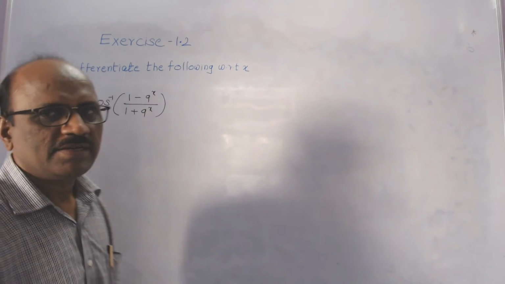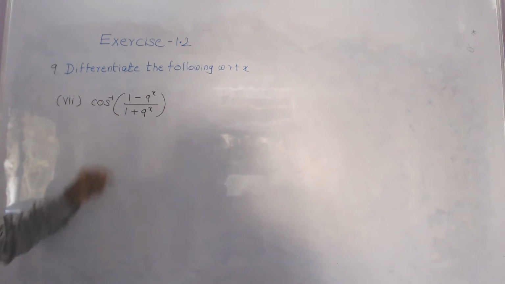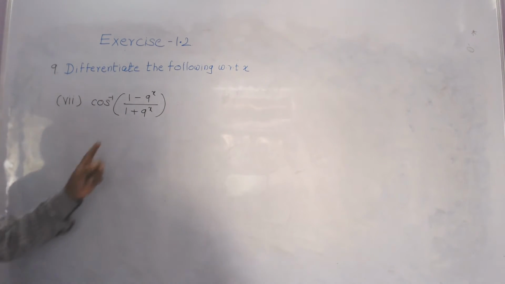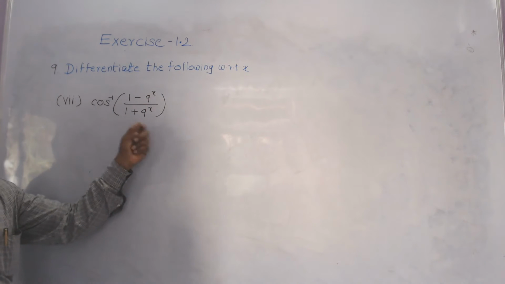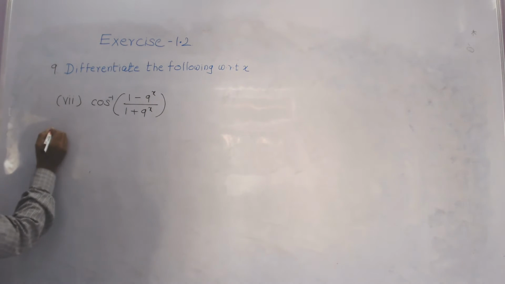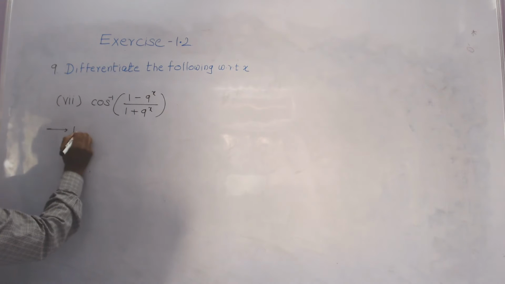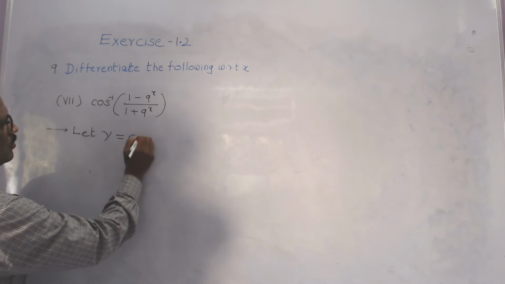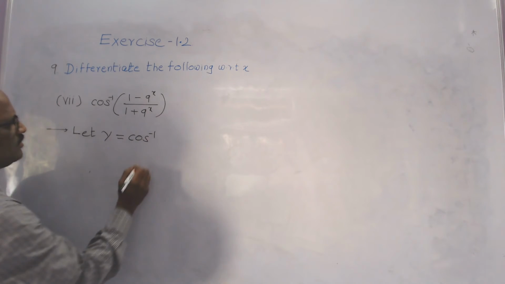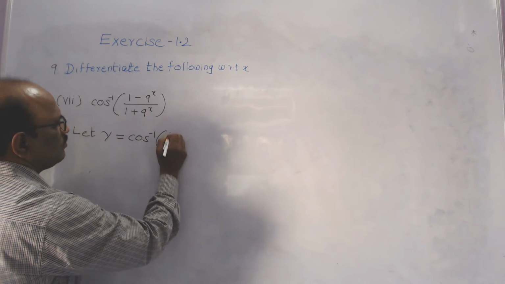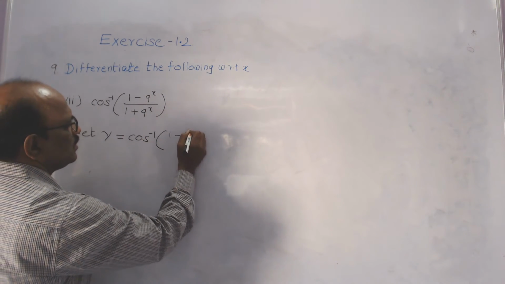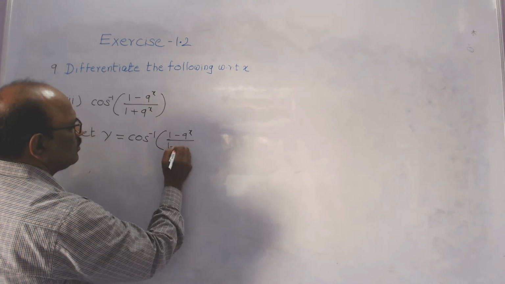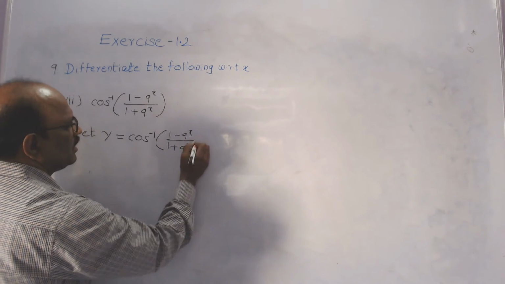Now again the next problem, that's also very simple: cos inverse of 1 minus 9 raised to x upon 1 plus 9 raised to x. Again the substitution. Let y is equal to cos inverse of 1 minus 9 raised to x upon 1 plus 9 raised to x.